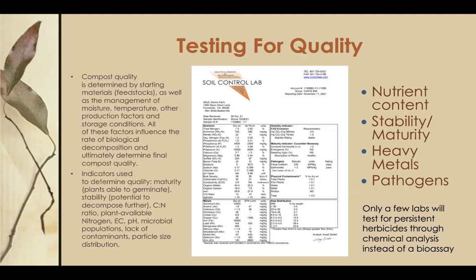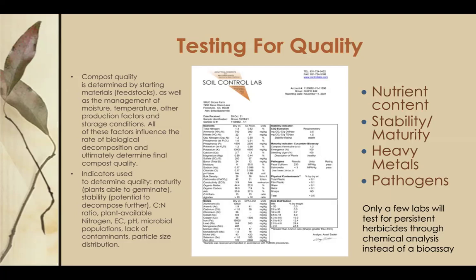So when we are determining compost quality, we want to look at the maturity, the stability, your C to N, what nutrients are available, the electrical conductivity, the pH, microbes, particle size, whether or not it's got contaminants in it physically that you can see, and the like.